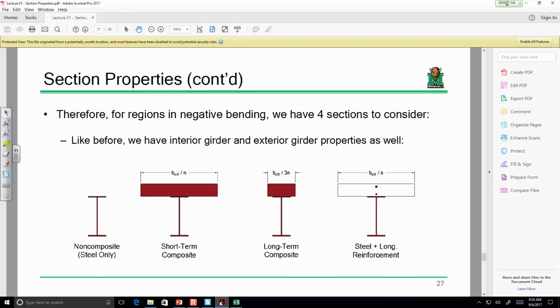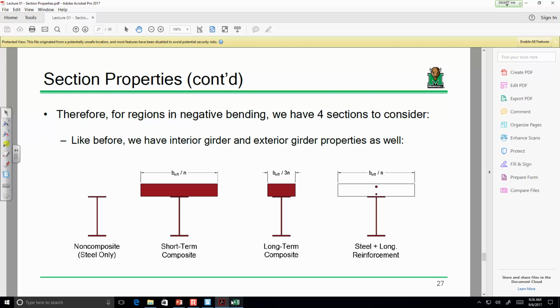Now, the area of this slab is the width times the thickness. Now, I propose the thickness is the same for both. It's 8 inches, right? The thing that changes is the width. In this case, it's B effective divided by N. In this case, it's B effective divided by 3N.